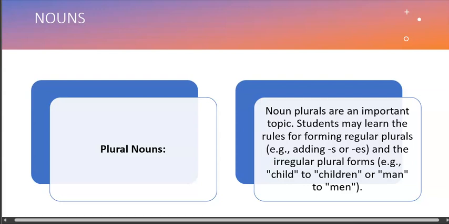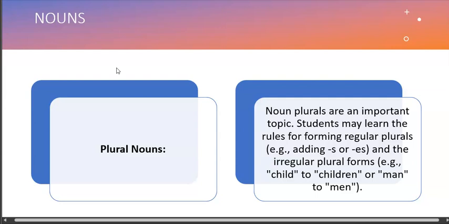So this is another category, but this is just a subcategory. Don't pay much attention to that, but the importance of that is to just know how it works or how we make certain nouns plural. So for example, a chick will become chicken, okay? And for the regular plural nouns, we add s and es to it.